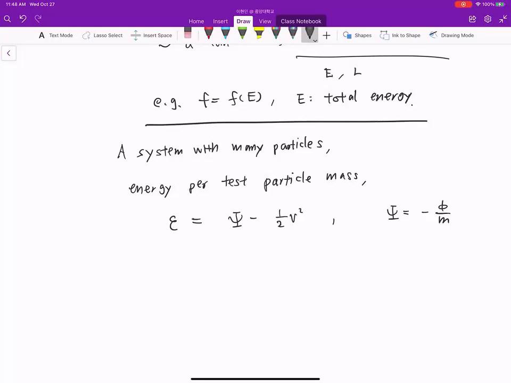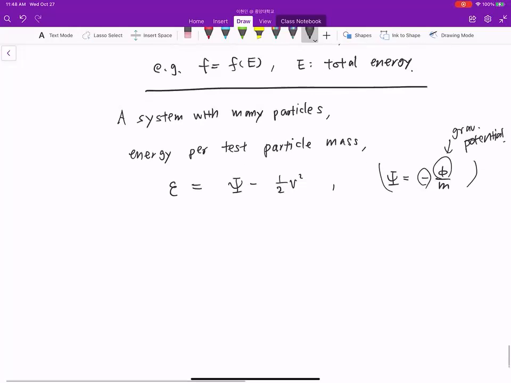There's a minus sign here, the opposite of the gravitational potential, but this is how people define it. From there, the phase space distribution is a function of curl E, and this curl E is the total energy per test particle mass.